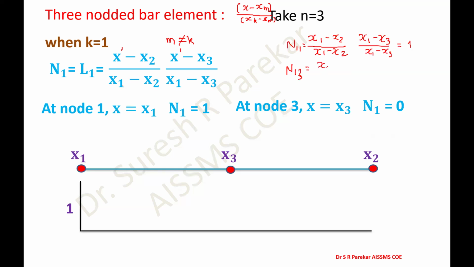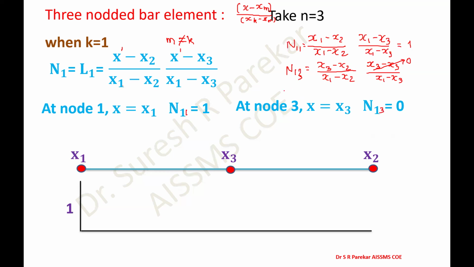So we have x3 minus x2 upon x1 minus x2. Denominator remains same. Change is only x we have to replace by x3, and here it becomes 0. So we have x1 minus x3. This term becomes 0. So automatically my value of n1 becomes 0. So I can write it as n1 at node 3.